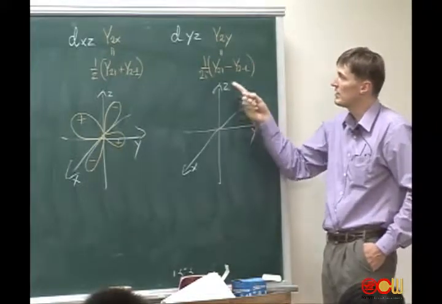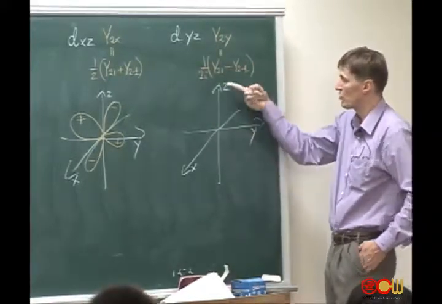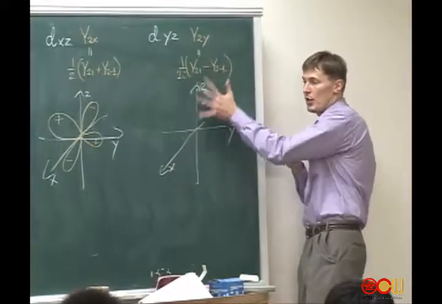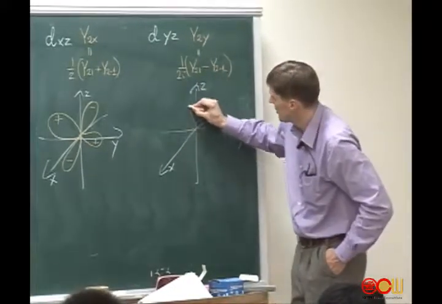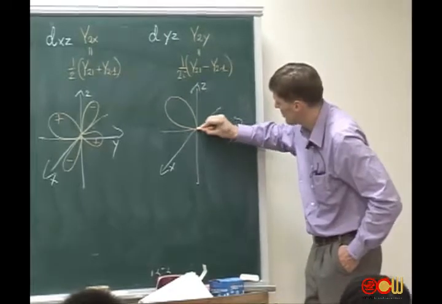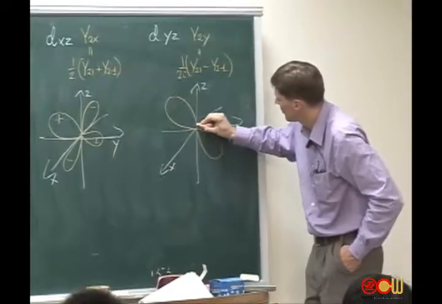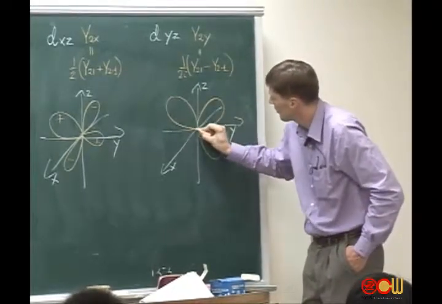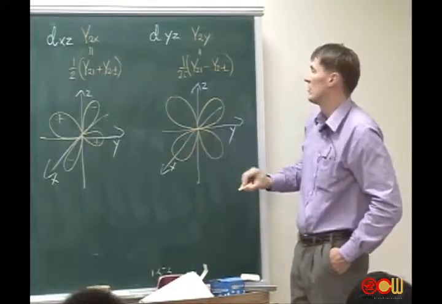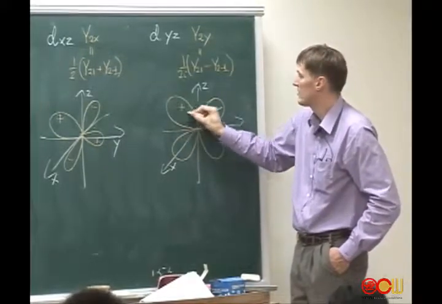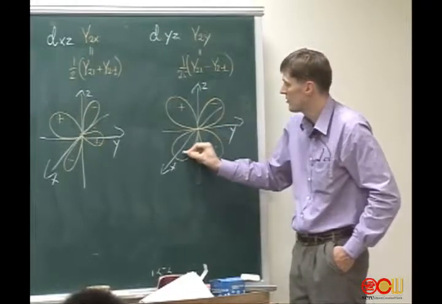This one would be a bit easier to plot, y and z, because y and z is the plane of the blackboard. So we have a perfectly nice symmetric function with, again, plus, minus, plus, minus.